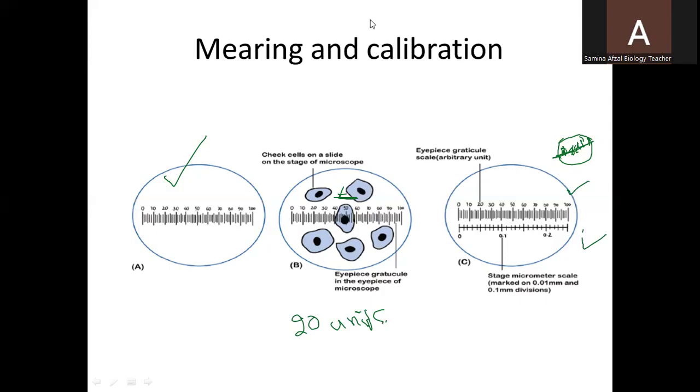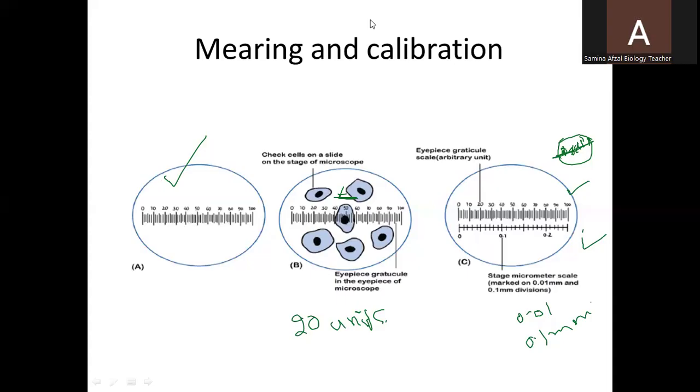The scale you can see is equal to 0.01 or 0.1 millimeter. The unit of the stage micrometer is millimeter, whereas the eyepiece reticule consists of 0 to 100 units, not a scale.